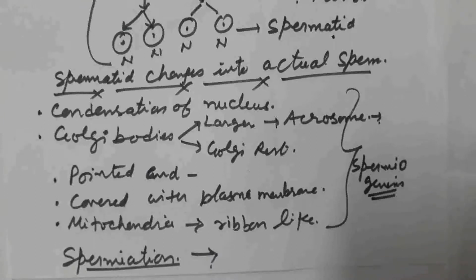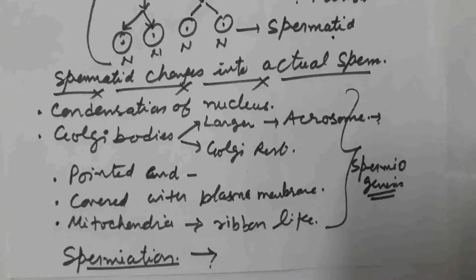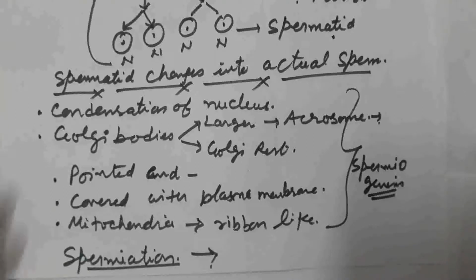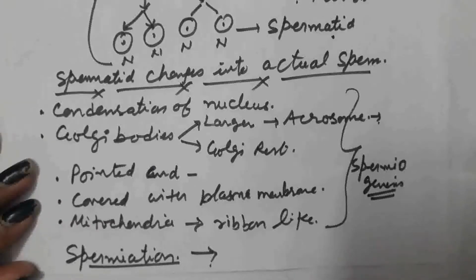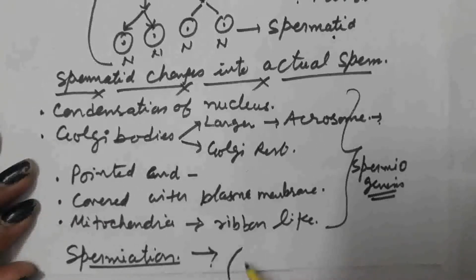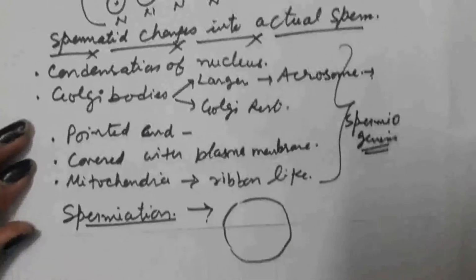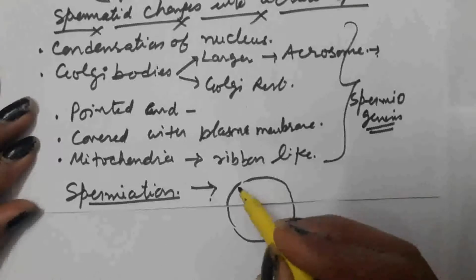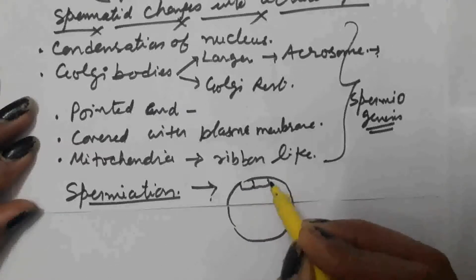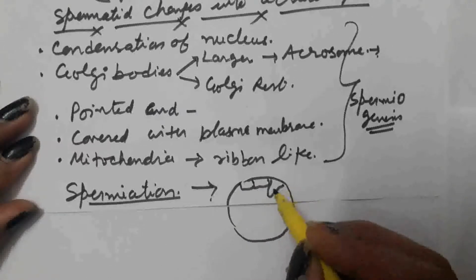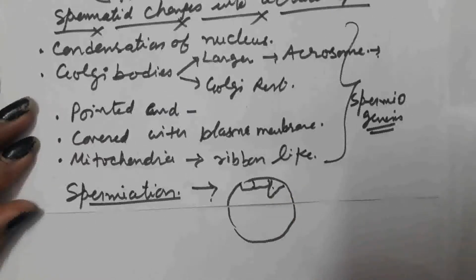Germ cells participate in the formation of sperm, and Sertoli cells are known as the nurse cells. These are elongated cells which provide nourishment to the developing sperm. Suppose this is the seminiferous tubule, and these are the germ cells, and these are the Sertoli cells, which provide nourishment to the developing sperm.